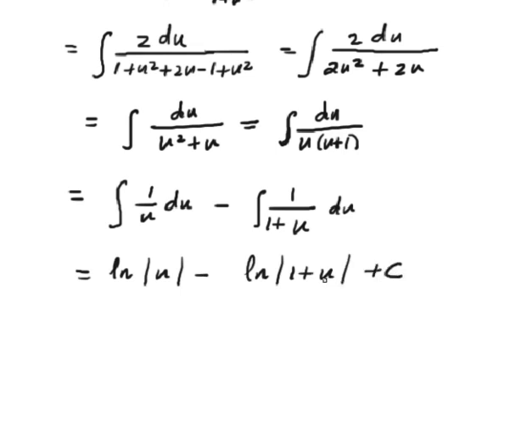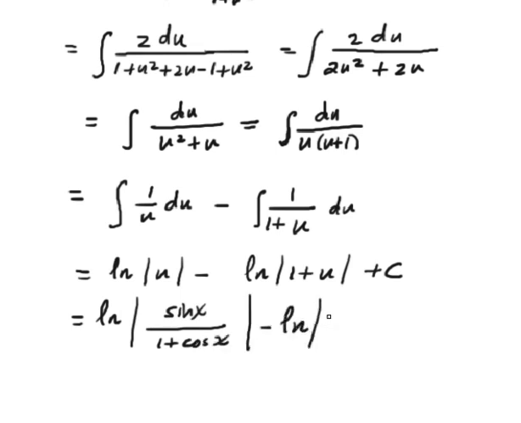And now we have to substitute back. Okay, so we'll put u equal to sine x over 1 plus cosine x. Or you could have put this equal to tangent x over 2 instead. Either one is fine.